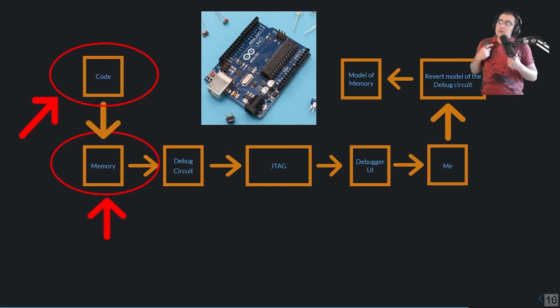If my inverted model of the debug circuit is wrong, then I need to fix that. And it's not really easy for me to know if it's the memory that is wrong or if it's my invert function, right? Because nothing can tell me. I only see the memory from the invert, so they are the same thing for me.